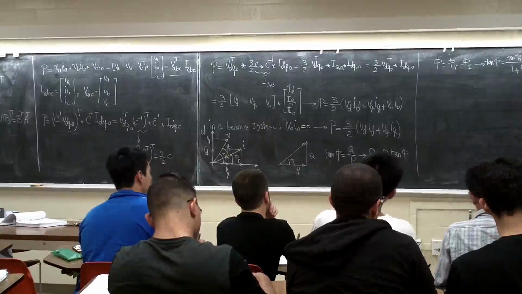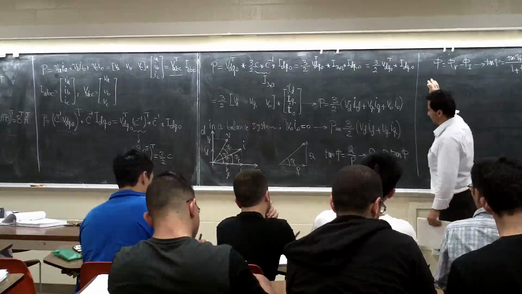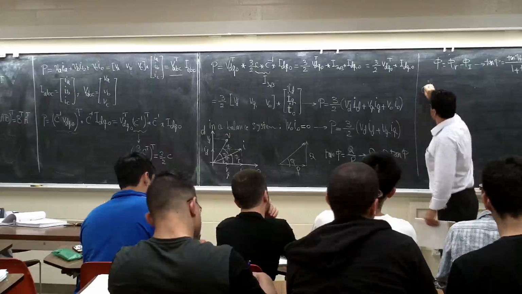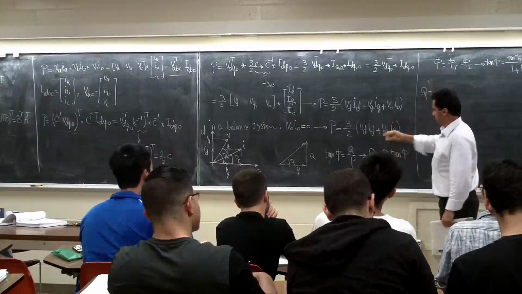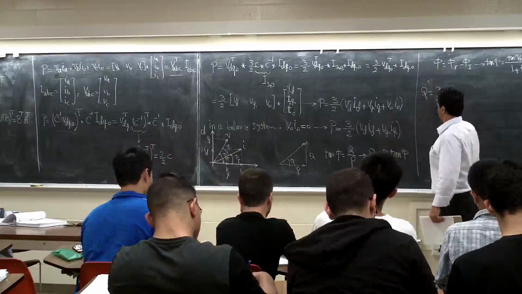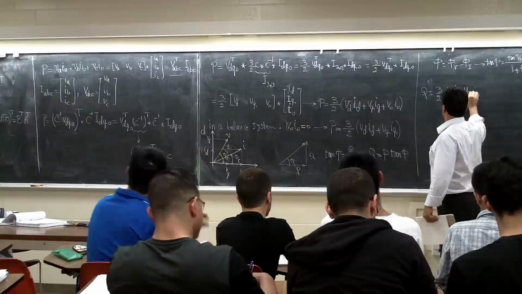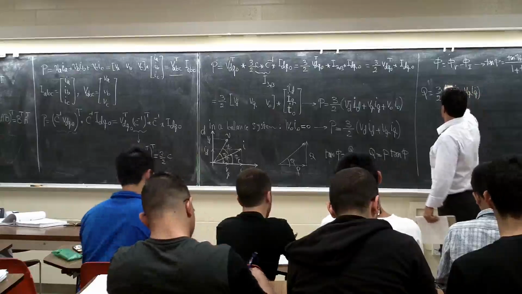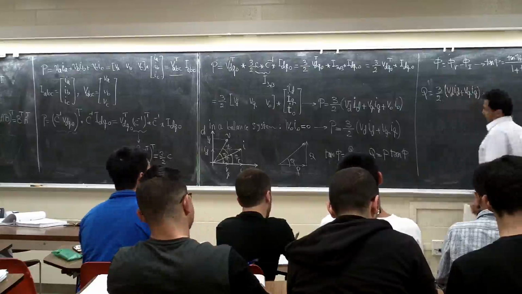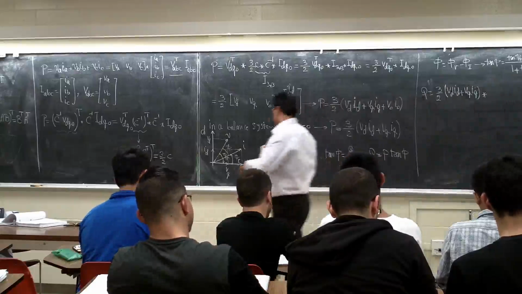I'll go directly to calculate Q. Q is going to be P. How much is P? It is 3 over 2 times Vd Id plus Vq Iq, times tan phi. How about tangent phi v?